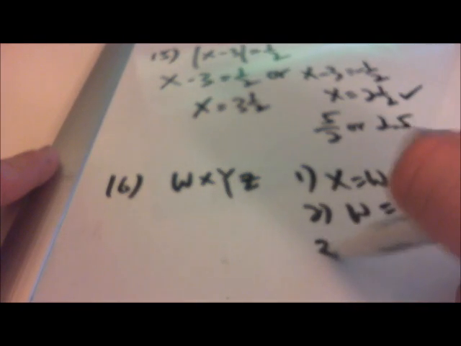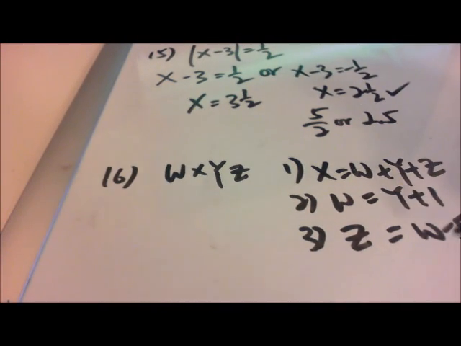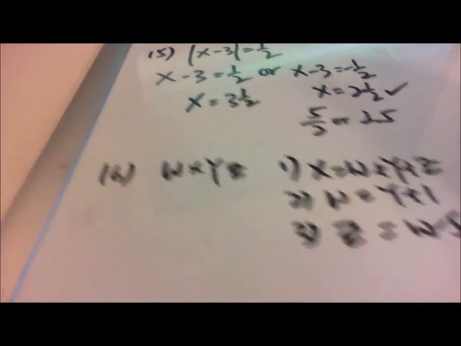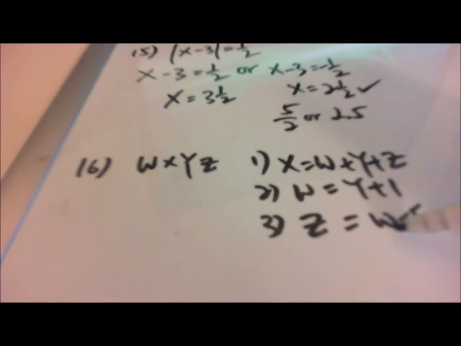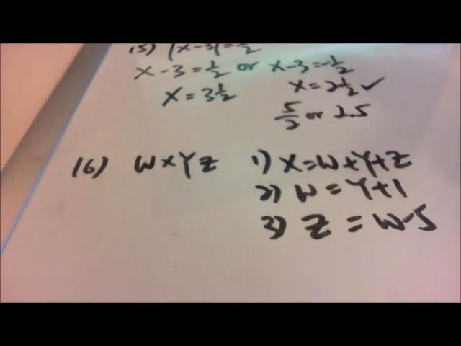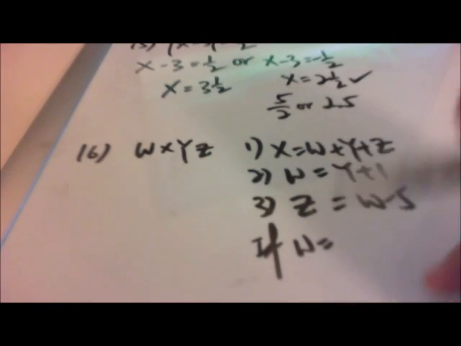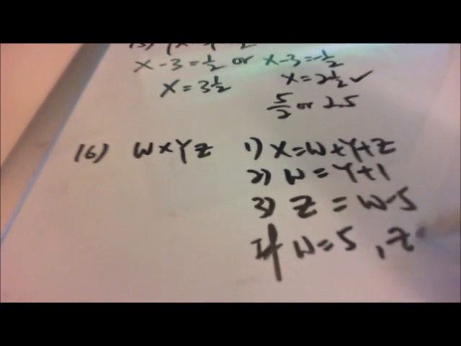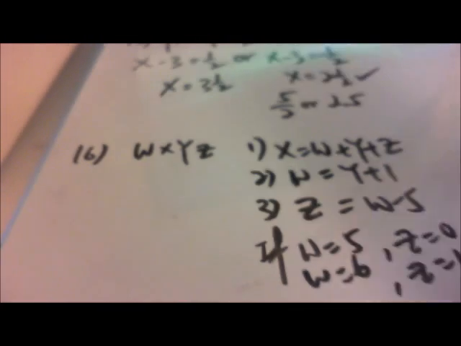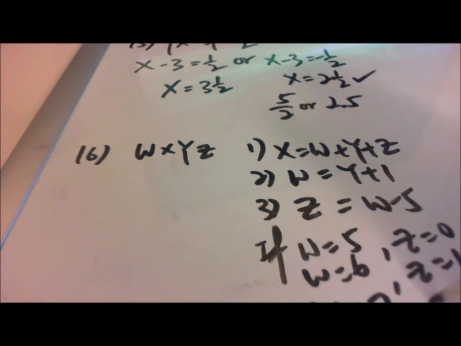And number 3, z equal to w minus 5. So you notice that w can be 5 or 6 or 7. If w is 5, then z will be 0. If w is 6, z equal to 1. If w is 7, z equal to 2.